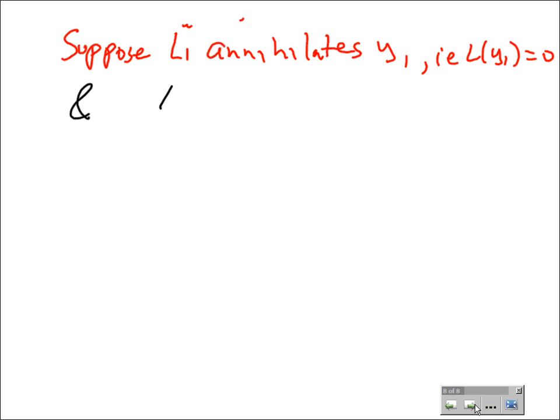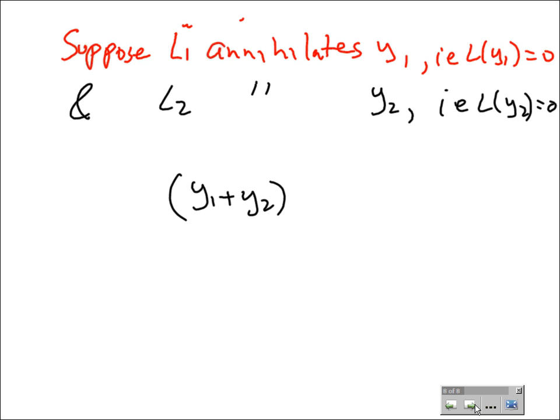And also, suppose L2 annihilates y2. That is, L2 of y2 is 0. So now, what would annihilate that? Now what might this be? It might be 3x plus 4 plus e to the 2x. What would annihilate that? That's the question.